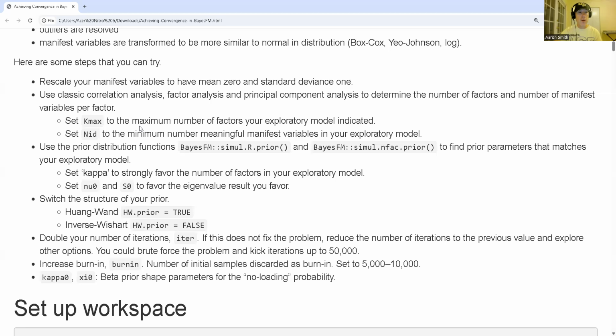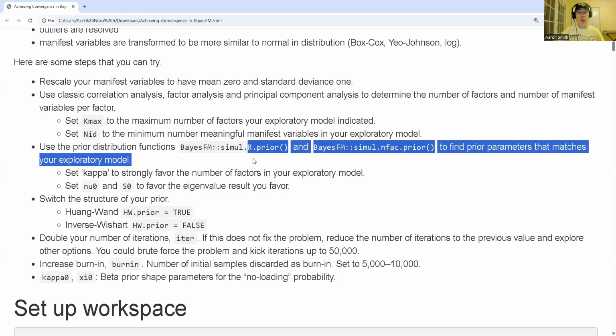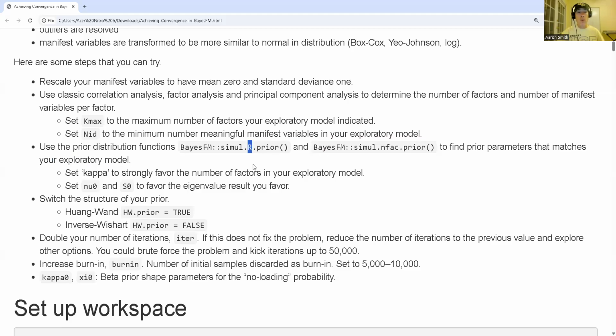All right, so then I can also do simulations with the prior distribution to figure out the parameters that are going to force the Bayesian model to look like my classic factor analysis model. All right, so there's two ways to do this. We're going to look at the correlation matrix aspect using the prior simulations, and we can look at the number of factors prior, and we're going to find values that match for this very well.